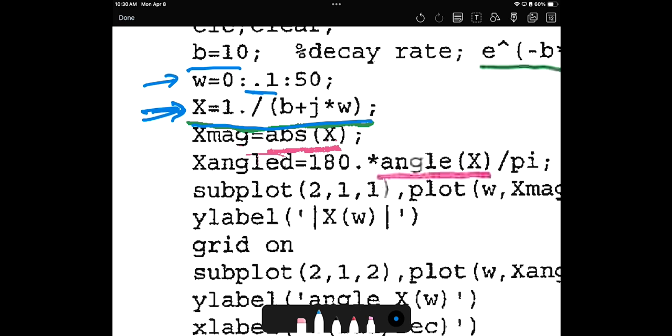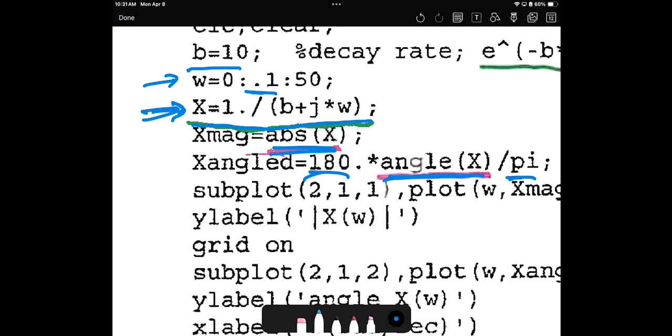But here we have the magnitude and the angle. So we will find the magnitude, which is the absolute value of the complex number, and the angle, and keep in mind the default in MATLAB is the angle in radians. That's why I multiply by 180 divided by pi, to convert radians to degrees.